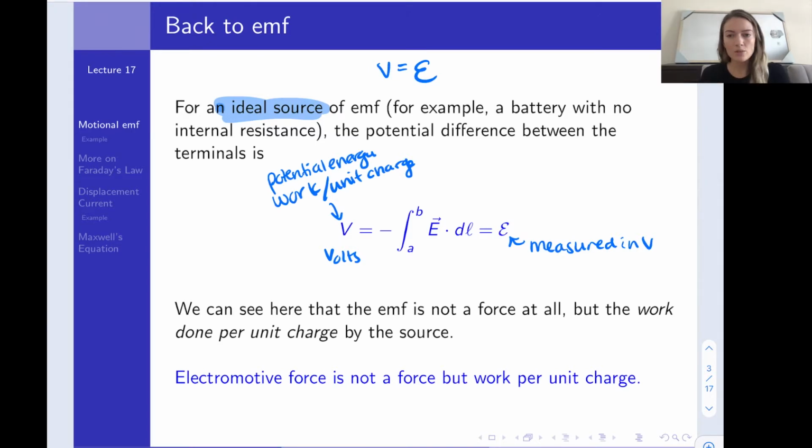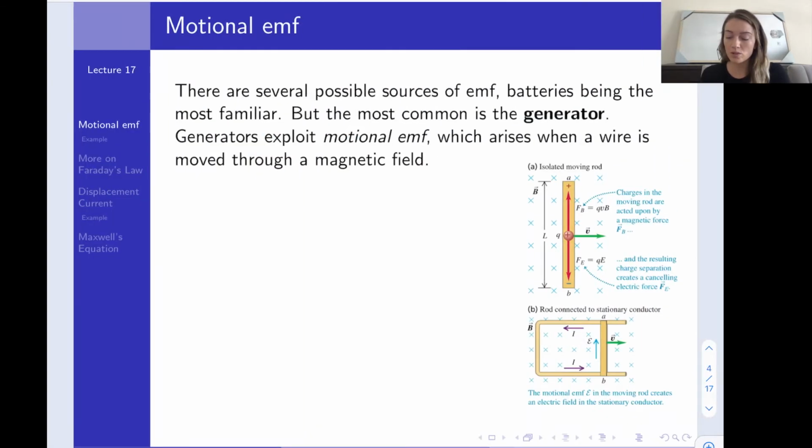Now we're going to apply this to what's called motional EMF. Most of the time we've seen a potential difference, or an EMF, supplied by a battery, but it can also be supplied by a generator, and that's basically the most common source of EMF, this motional EMF supplied by a generator, which is essentially just a moving wire in some magnetic field.